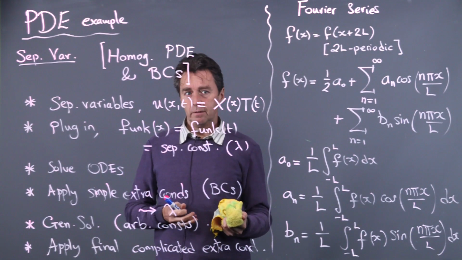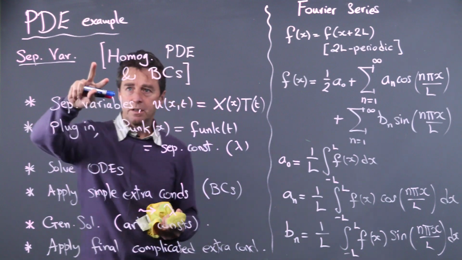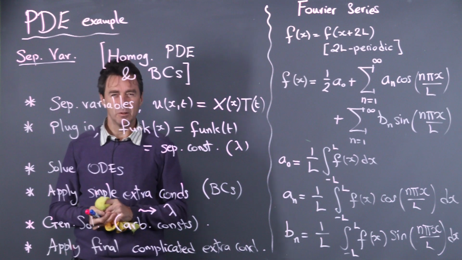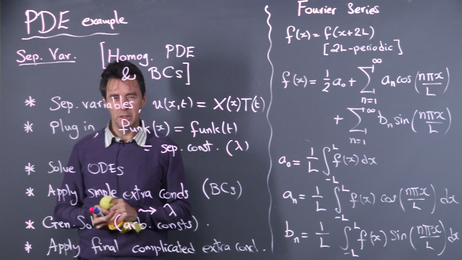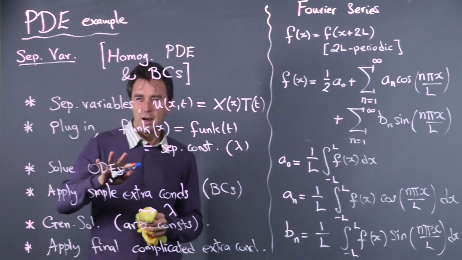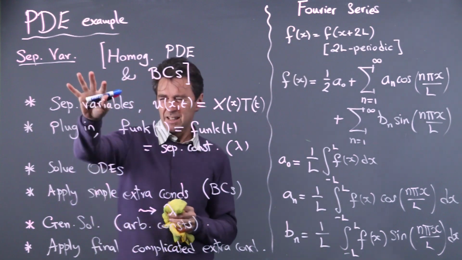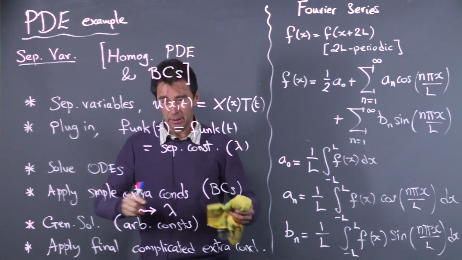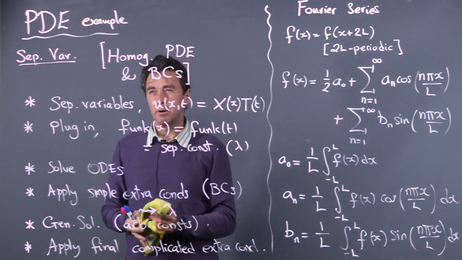One of the issues, however, is that I'd like to apply it to a slightly more complicated problem. I want to grapple with an inhomogeneous PDE and with inhomogeneous boundary conditions. And in that situation, I have to take a first initial preparation step in order to get through separation of variables.